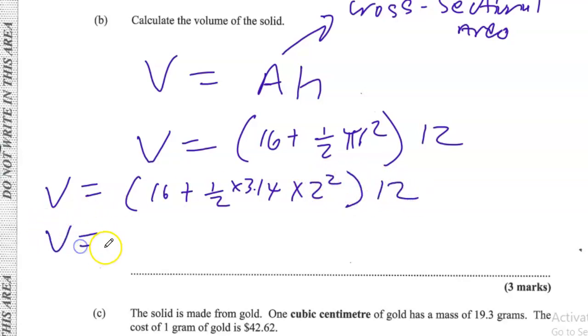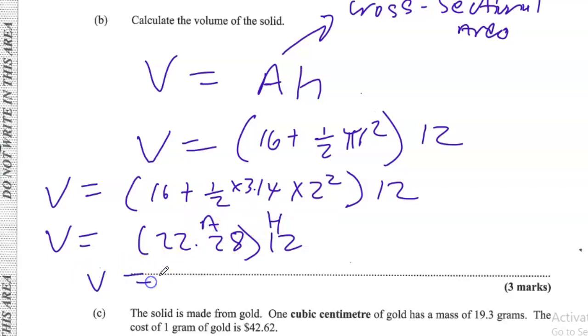Let's work out what's in the bracket. Everything in the bracket equates to 22.28, the cross-sectional area, and remember the height is 12. So the volume is 22.28 times 12, and that gives us 267.36 cubic centimeters.